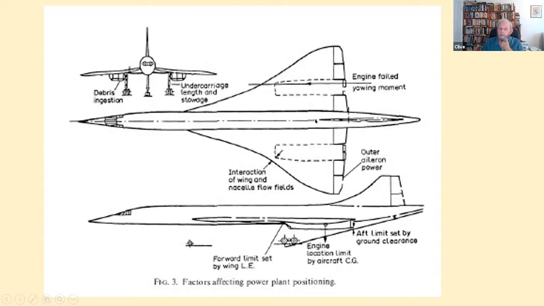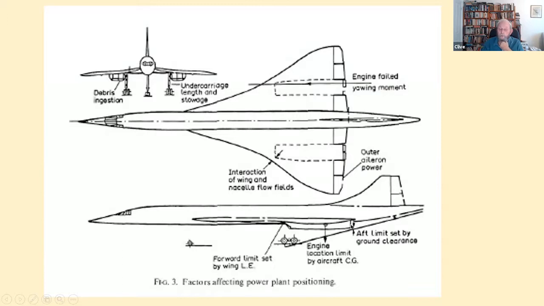But then it starts to get tricky. You found that if you had the nacelle too far forward, the corner of the nacelle in particular, there was an interaction between the nacelle and the wing flow field, which gave rise to undesirable characteristics. On the other hand, if you moved it back, you found that you were actually starting to affect the ground clearance limits.